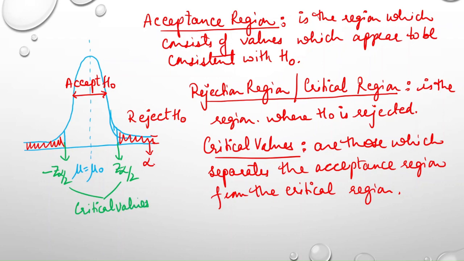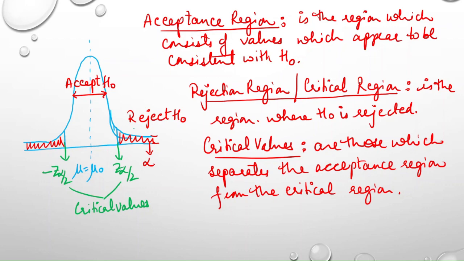Whenever we are doing hypothesis testing, we can always create such a diagram where we can find the rejection and the acceptance region, and it is very easy for us to formulate our hypothesis and then finally the answer.